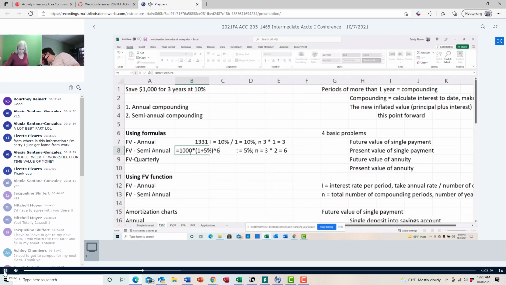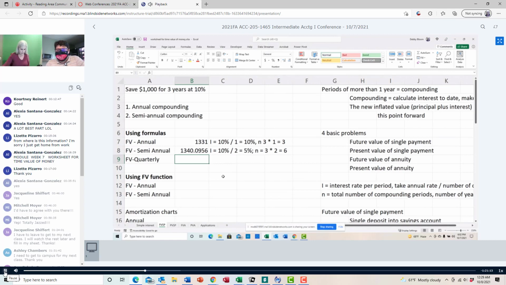So just like the formula that I showed you before, you take the amount and you multiply it by 1 plus I to the power of N. If you ever take a finance class, that formula is really famous. 1 plus I to the power of N. Okay, so now I hit enter. Now I've actually earned a little bit more interest, because now my interest every 6 months is earning interest instead of my interest at the end of the year. And I'll show you a little bit better how that works once we get to the amortization chart.